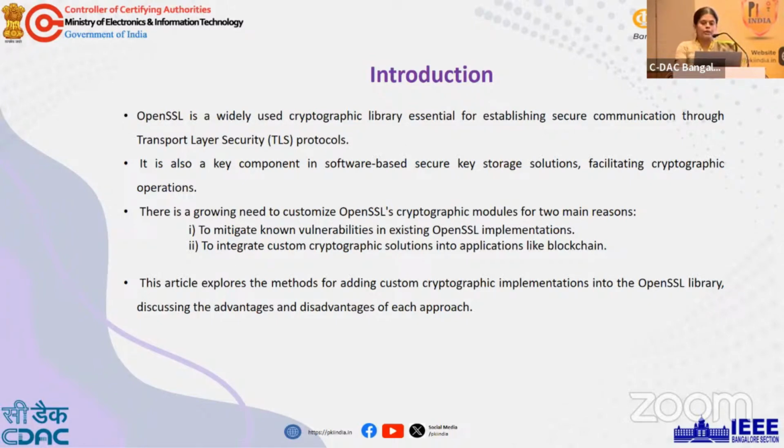The second is to integrate custom cryptographic solutions into applications like blockchain, where we have our own ECDSA implementations that generate the key pairs, but we want to use the OpenSSL implementations for the X.509 certificate and other attribute-based certificates and CSR. So this article explores the methods for adding custom cryptographic implementations into the OpenSSL library, and also discusses the advantages, the disadvantages, and the overhead that we will encounter by doing this.